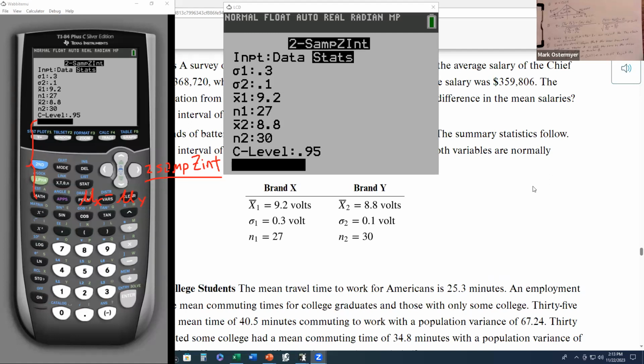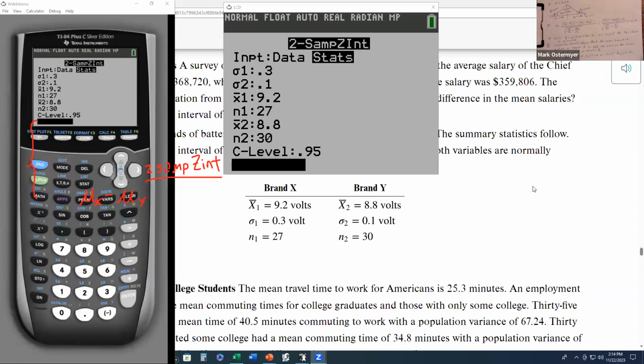All right, so you're going to use the two sample Z interval function, and this is how you would configure it. You select stats because we don't have any raw data for both of these samples. We already have the sample stats computed. The standard deviation for the brand X batteries is 0.3 of a volt. For the brand Y batteries, the voltage standard deviation is 1/10 of a volt.